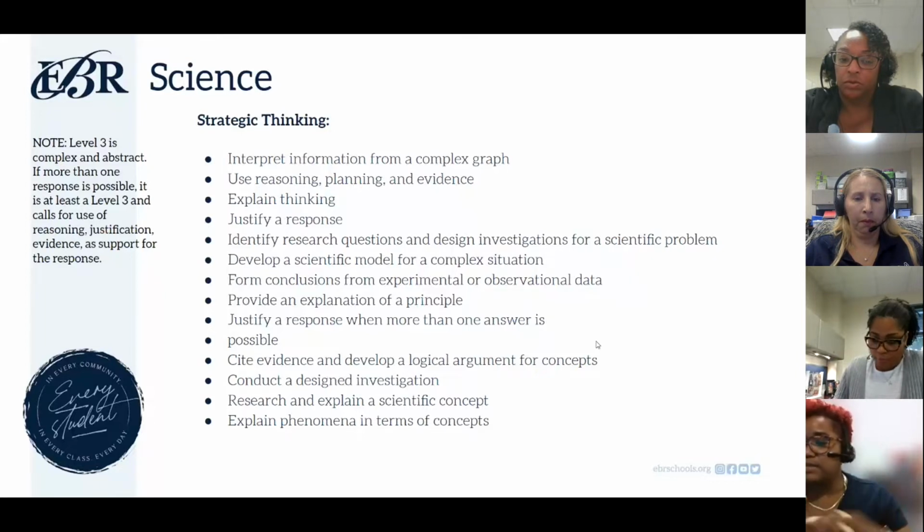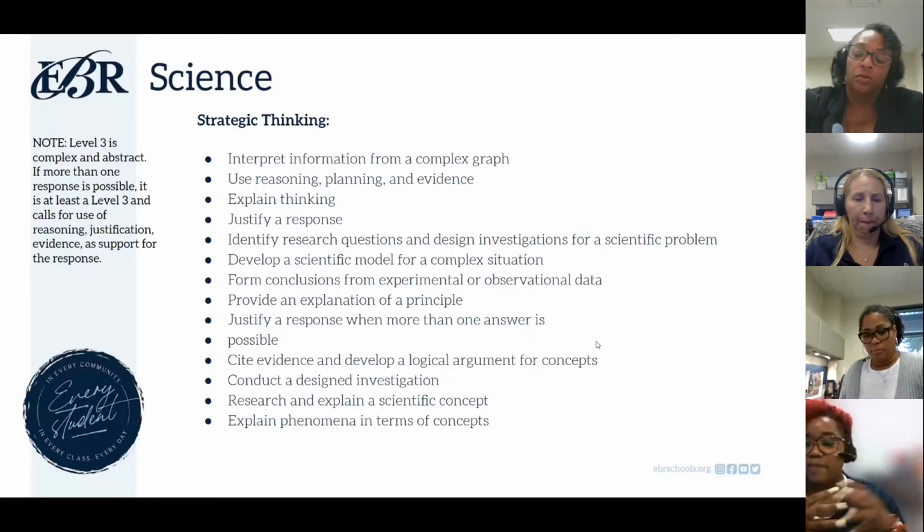Citing evidence, conducting a designed investigation. So that means in this particular one, that the investigation was already designed by the teacher.